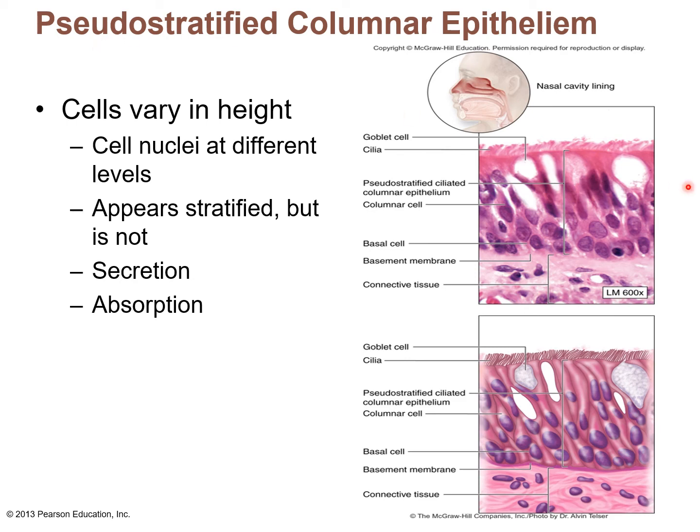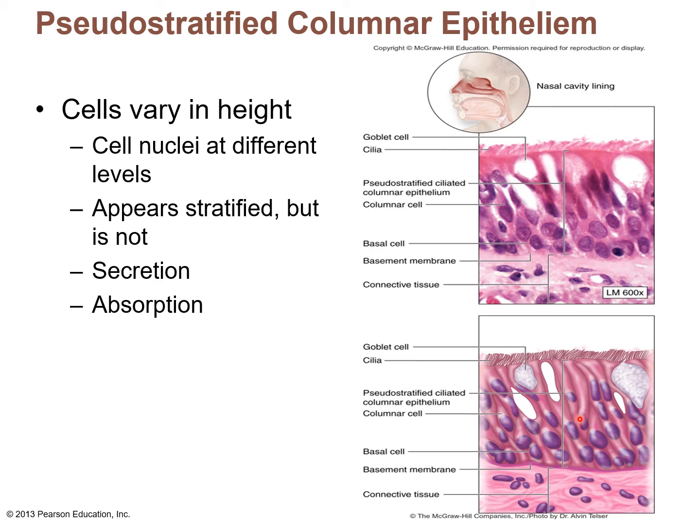If you look at this tissue right here, notice how you see multiple nuclei, and notice how the nuclei are on top of each other. So it's giving you the impression that you actually have several layers of cells laying on top of each other, the fake impression that it's a stratified tissue.